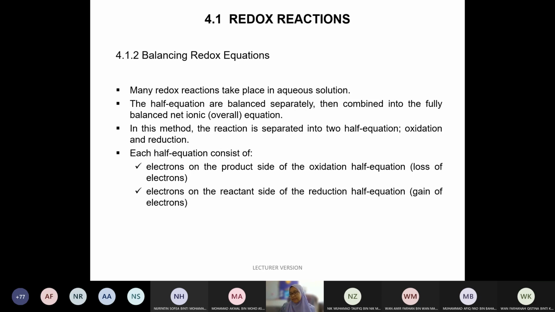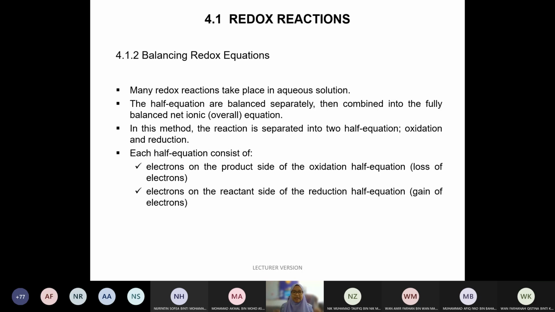We are going to start balancing the equation. Earlier was just a warm up: what is redox, how do you determine the oxidation number before and after, and how do you determine whether it is reduction or oxidation. Those are considered the introductory part of redox reaction. So now is the real deal.